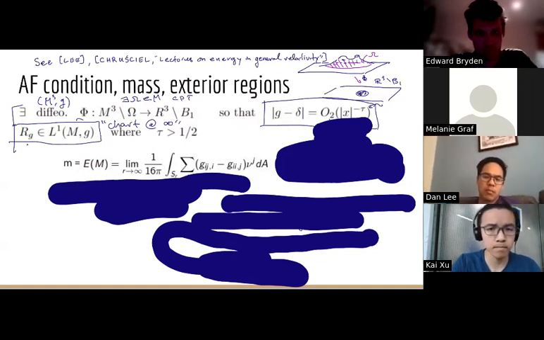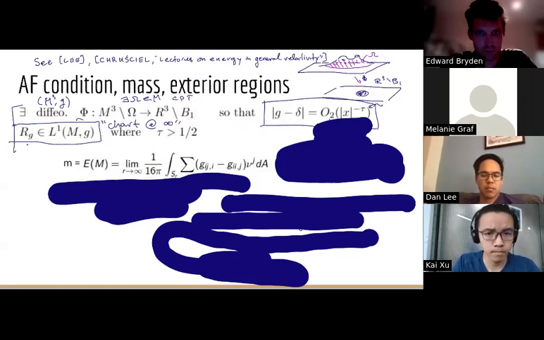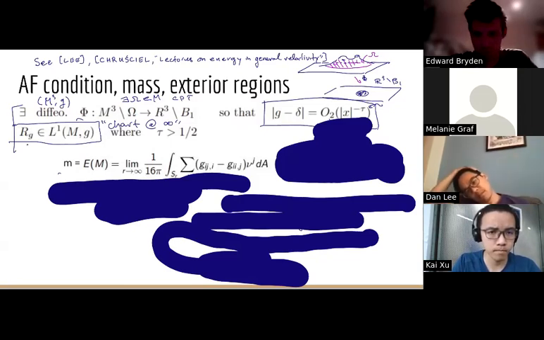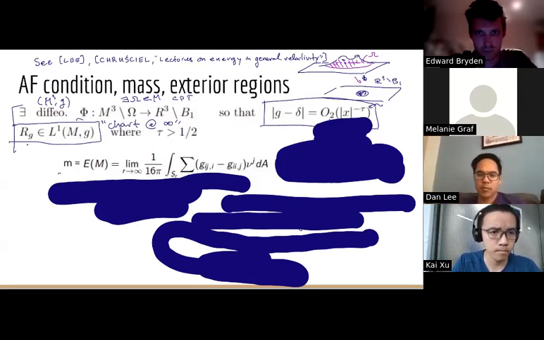In this setting, you have an invariant called mass, which is computed at infinity in the following manner. It's also called energy if you're thinking in a space-time context. This is a pure Riemannian discussion here. It's this limit where you take integrals over spheres S_R in Euclidean space, where you know what sphere of radius R means.